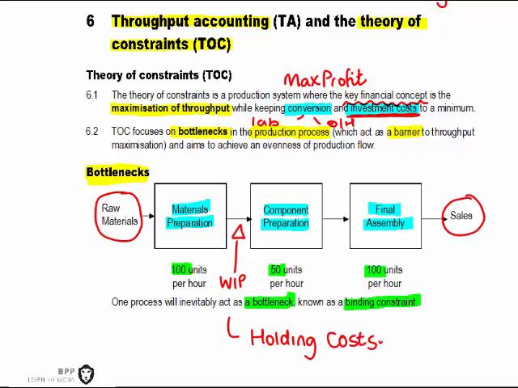So what we need to do is address this bottleneck and ask how we can increase this from 50 units an hour up to 100. But we also need to think about how we can get rid of this work in progress, because it's going to cause us unnecessary expenditure. One way that we might do that is to temporarily slow this process down to operate at the same pace as component preparation. That way we're not going to have that additional holding cost.